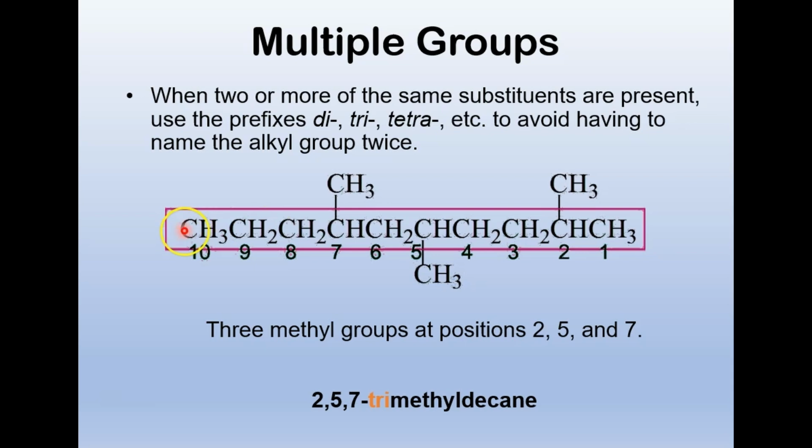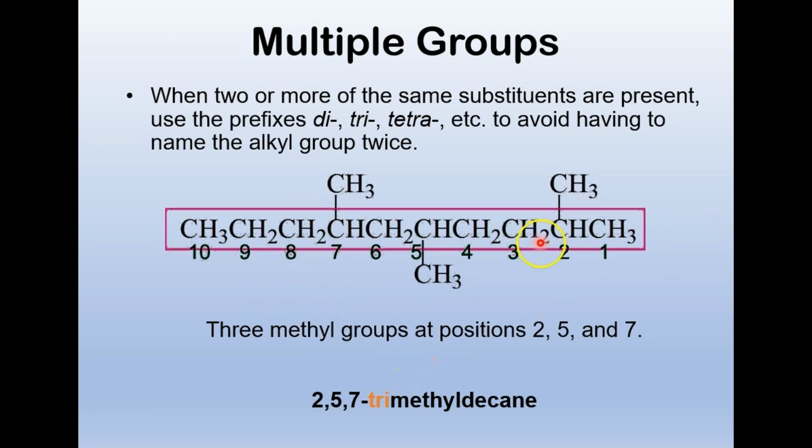So once again, the first thing I would probably do is start off going 1, 2, 3, 4, 5, 6, 7, 8, 9, 10. That way I get to 10. Looks like if I go this way, I'm going to run into my substituent first. 1, 2, 3. This end, I don't get to a substituent until carbon number 4. This end, I get a substituent at carbon number 2, so we want to go this way. So there's a substituent, there's a substituent. I got 3 methyl groups.